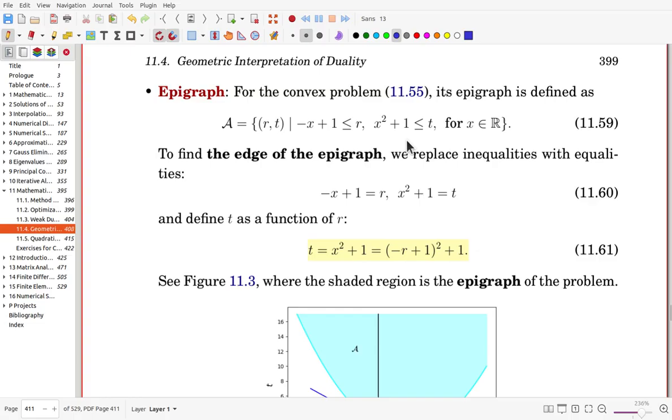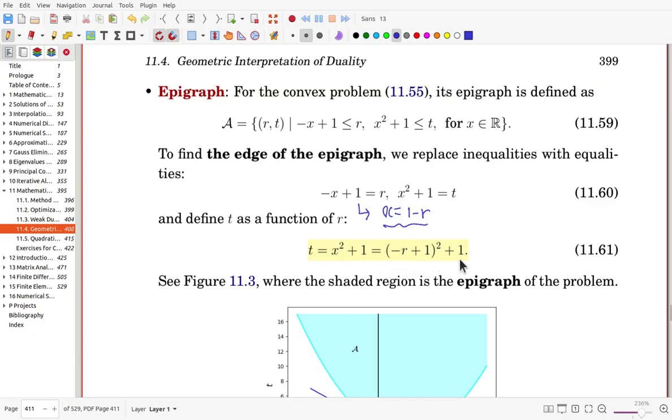First we have to find the edge. In order to do that, we replace the inequalities with equalities. From here we have this one, from here we have that one, and then we eliminate x. So t is x squared plus 1, and out of this, x is the same as 1 minus r, so x is replaced by 1 minus r.